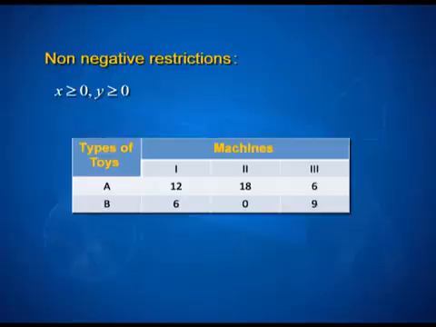I have to have the same unit when I am comparing or translating into the inequality. So, number of toys that we have assumed for type A is x. So, if each toy of type A takes 12 minutes in machine 1, then x toys will take 12x minutes. Y number of type B toys will take 6y minutes.